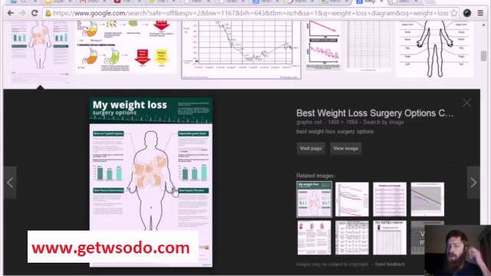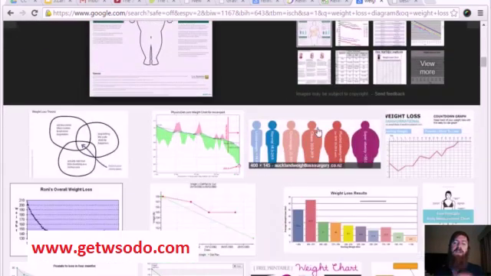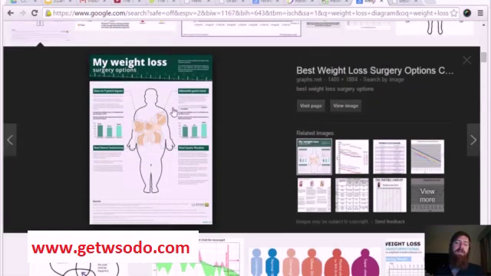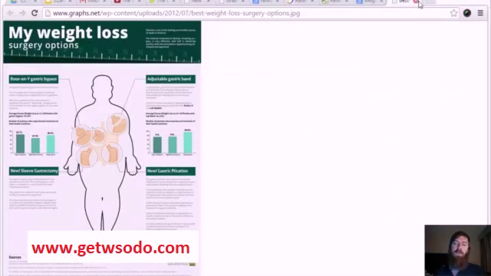What the brain does is it assumes, oh, this looks like something I've seen in a science textbook. They've probably done their research. They don't even have to read this stuff to think they know you've done your research, so that's really important.